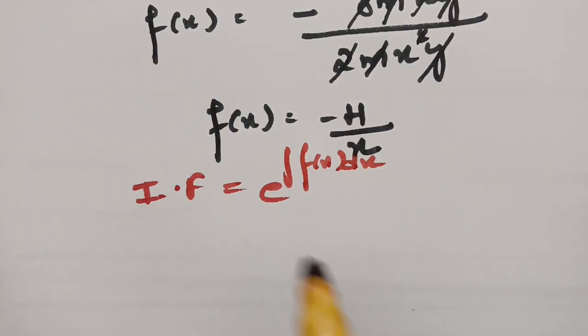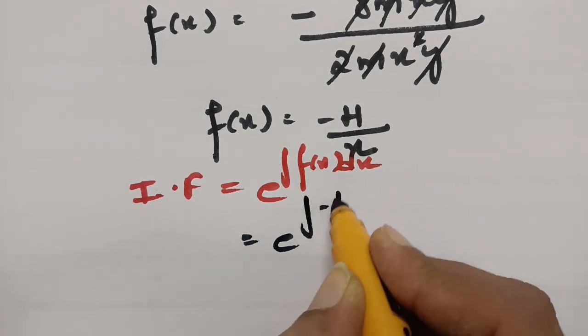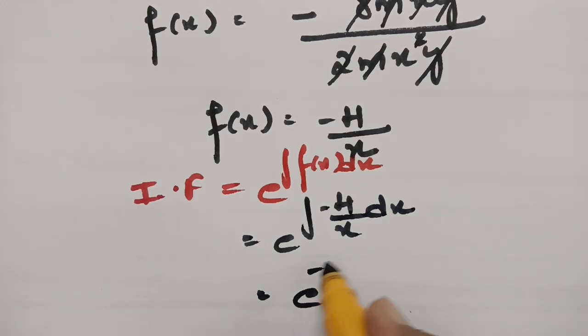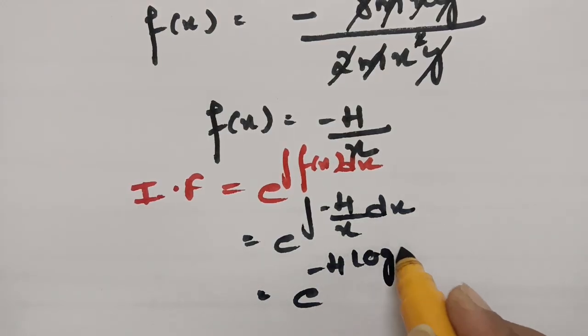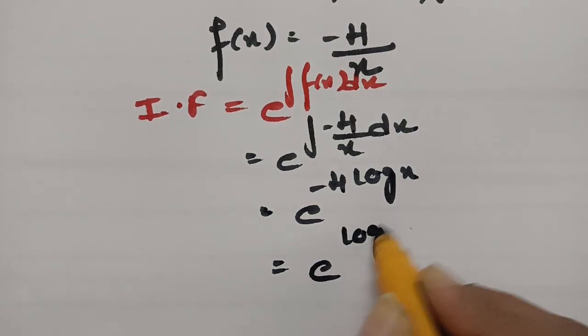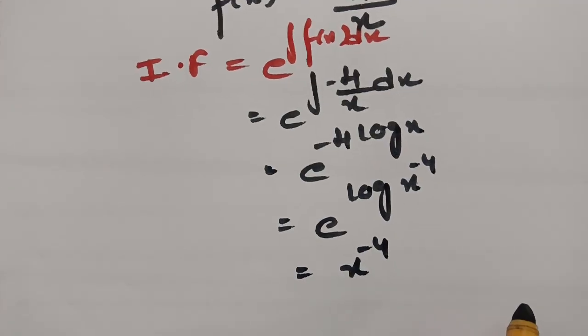Now if I substitute f of x value, this is integral minus 4 by x into dx, which is equal to e to the power of minus 4 into log x. So this value is going to become log of x power minus 4, and this is x power minus 4.